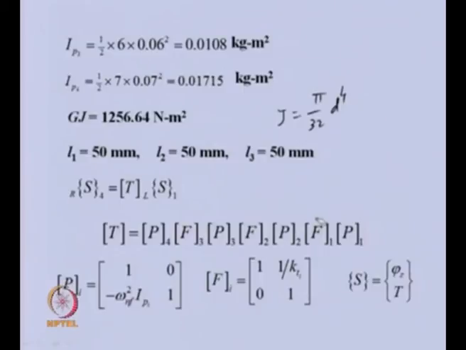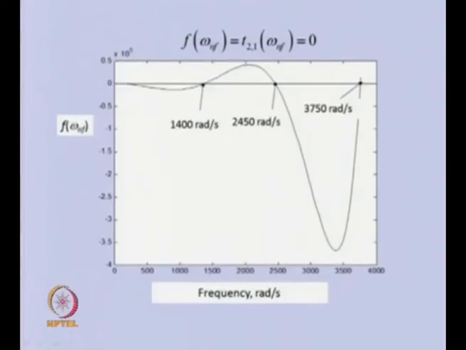You can see many point and field matrices getting multiplied. Here we have not considered damping, only the stiffness and inertia properties. So this is the overall transfer matrix, and free boundary conditions are there.